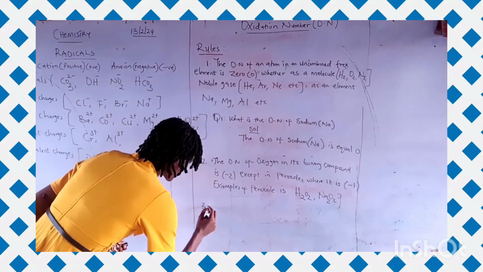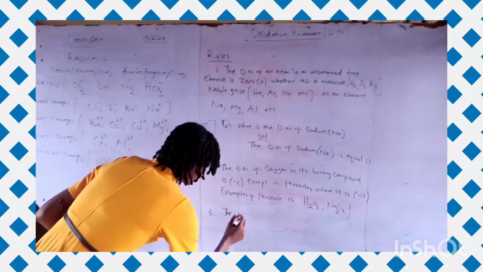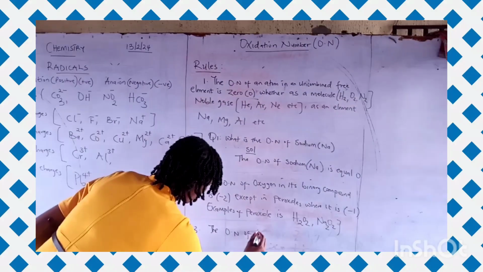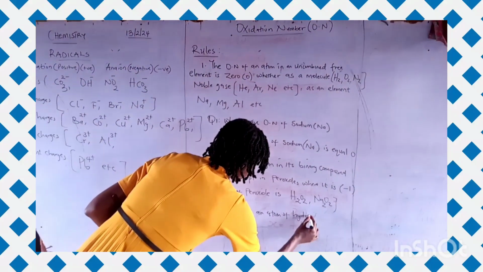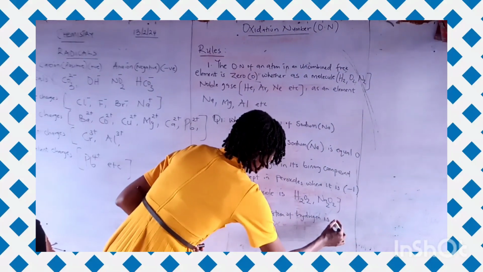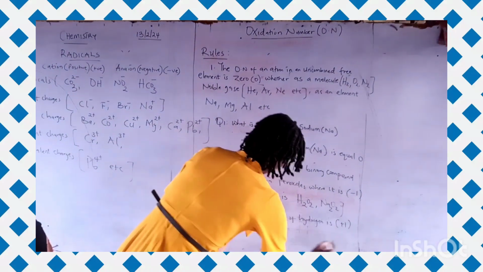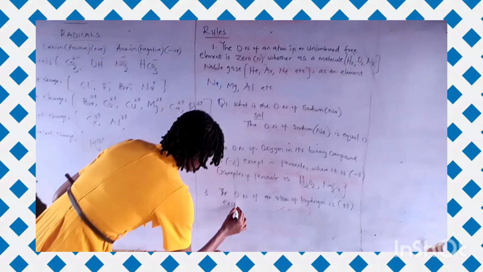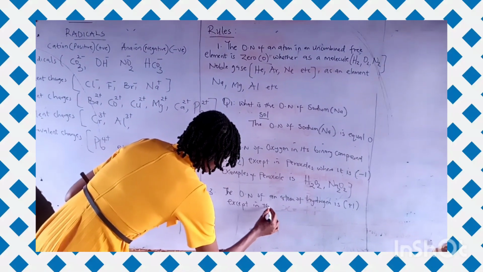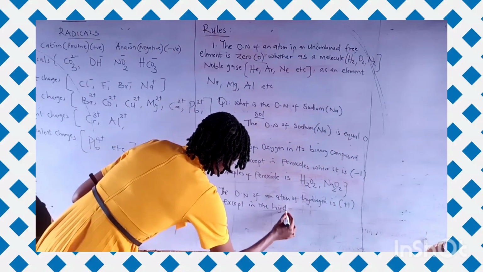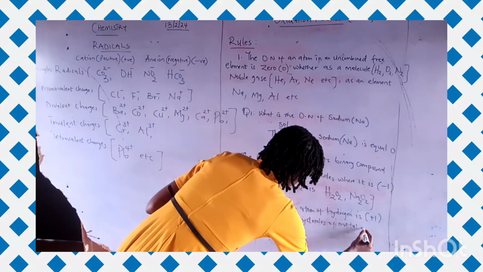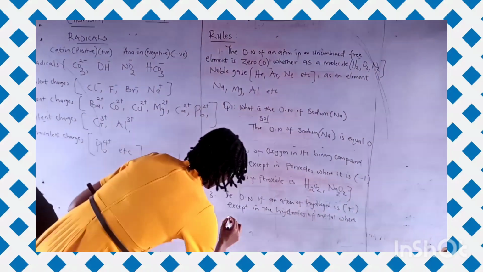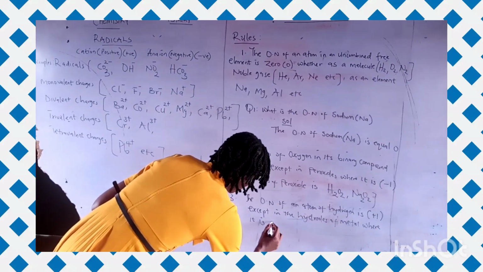Then rule number 3 says that the oxidation number of an atom of hydrogen is +1, plus 1, except in the hydride of metal, where it is minus 1.